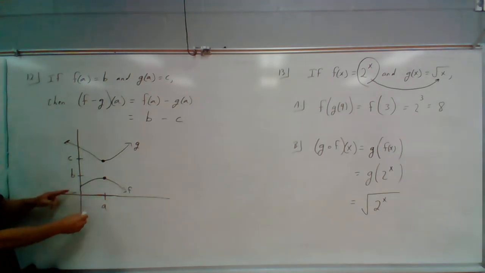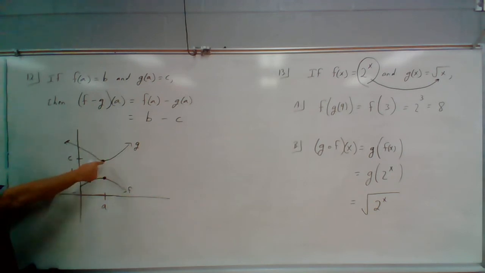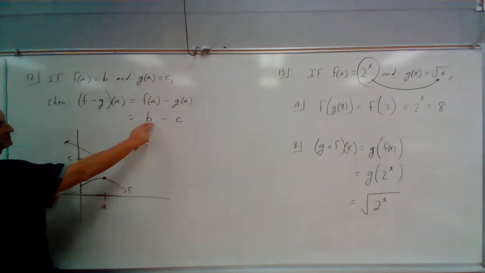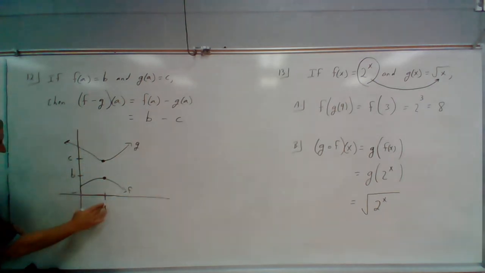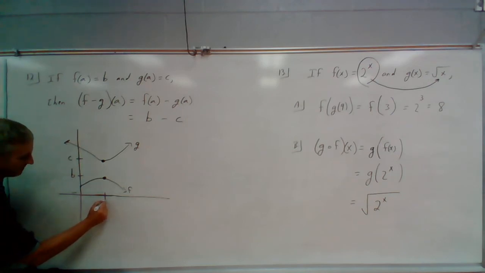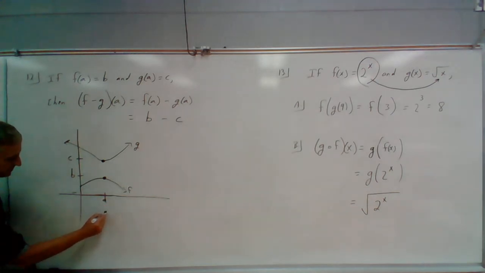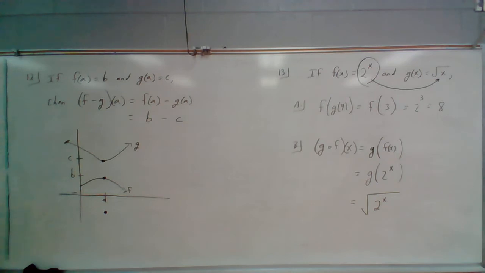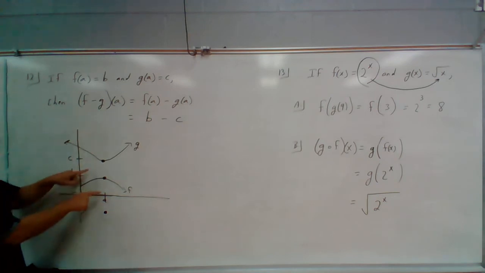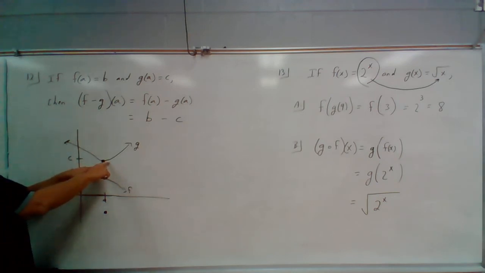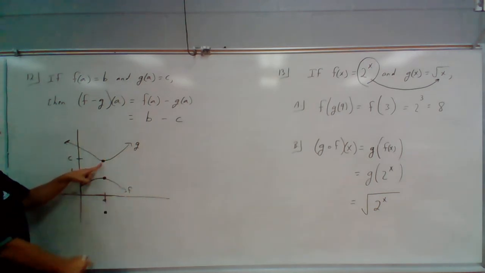All right, so since g of a is c, f of a is b, and the way I drew this, c is bigger than b. When I do b minus c, I should get a negative number. So g of a needs to be something below the x-axis. It needs to be down here. And notice these values out here are getting bigger, and these values are getting smaller.